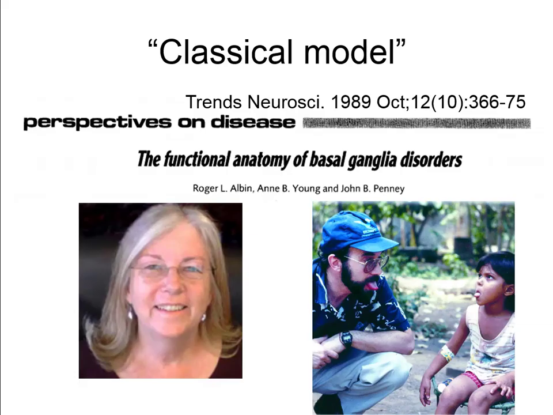So what I'm going to teach you here is what's known as the classical model of basal ganglia. It's actually now 30 years old since it was published. The nicest early review paper to look at comes from Ann Young, it's Ann here, and Jack Penny next to her. Roger Albin was their fellow at Michigan when they were the movement disorder people there.